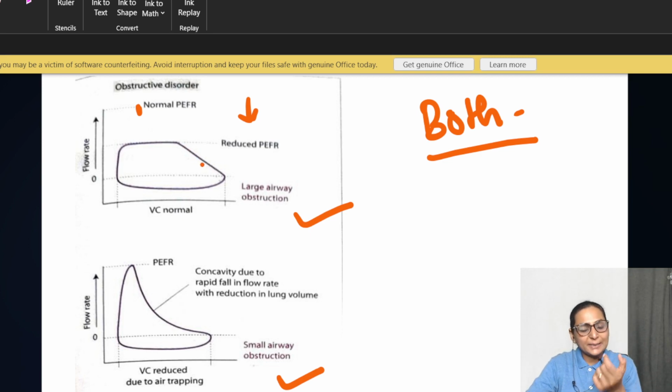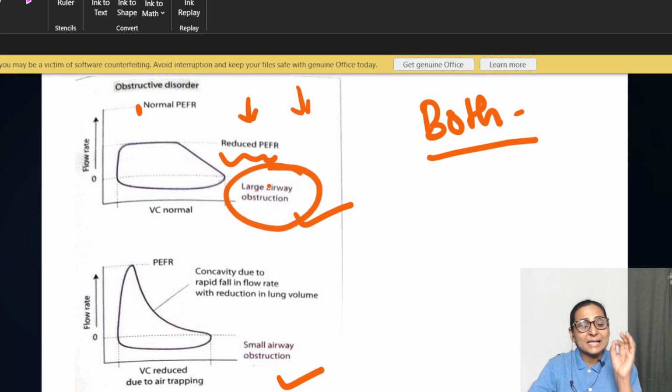That is, the effort independent portion does not show any change in shape. So when there is only a decrease in the height of the curve as compared to normal, that indicates a reduced PEFR and that indicates large airway obstruction.